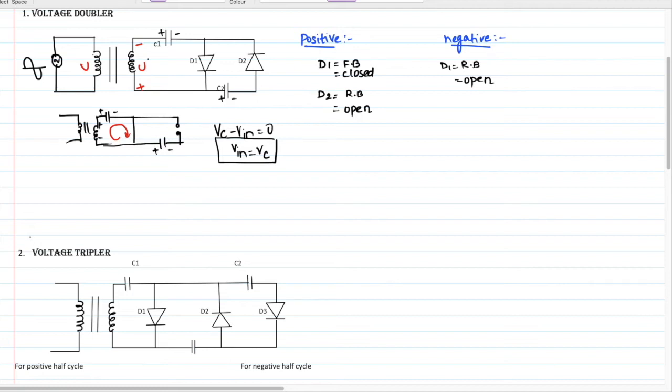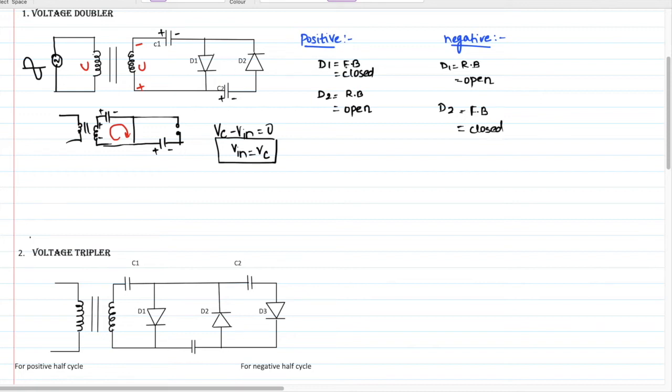Now this negative cycle you are applying to diode D2. So diode D2 will become forward bias and hence it is a closed switch.